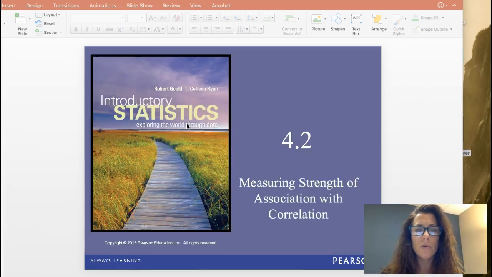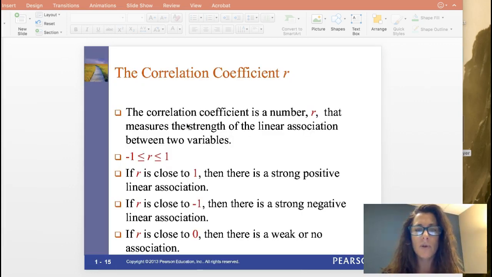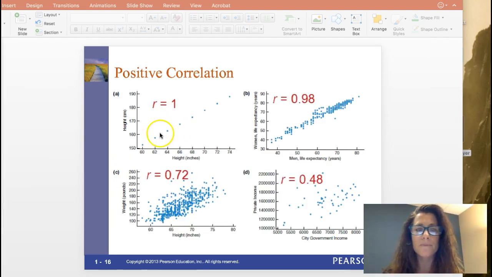So I wanted to show you a little bit more about associations. The correlation coefficient is what really determines whether you have a strong positive linear association or strong negative, or if there's a weak association. So if you look at, in a situation with positive correlation, this first one, your correlation coefficient is 1. It's essentially a perfect straight line.